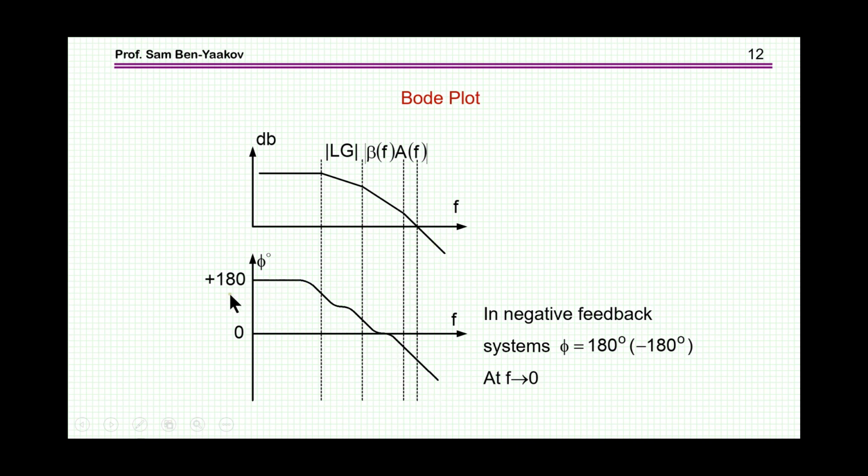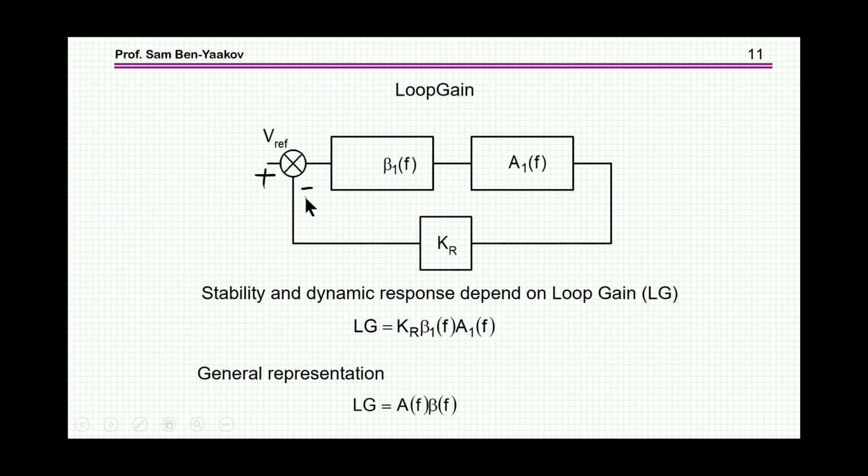I'm starting here with 180 because with negative feedback, the system is designed such that the signal coming back will be minus the signal coming in, and this means that there is a 180-degree phase shift.